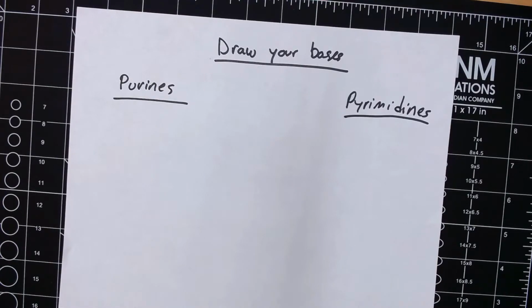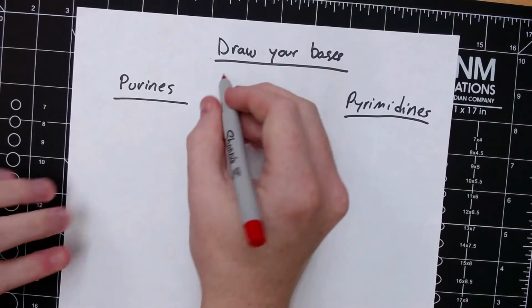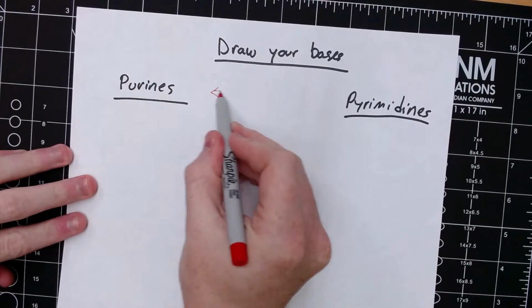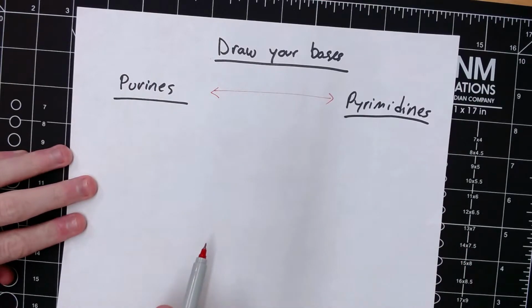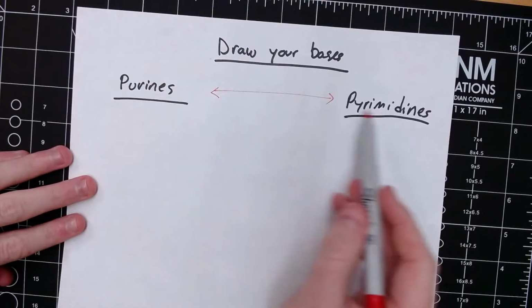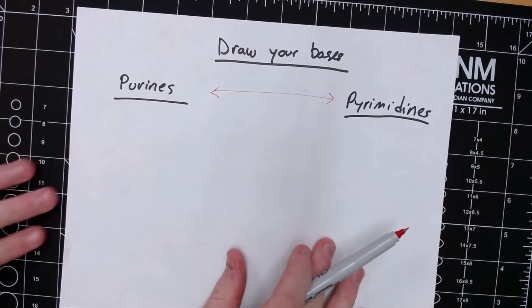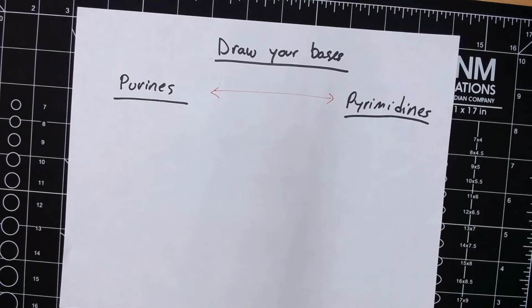And so what I like to do is first categorize the bases in my mind into purines and pyrimidines. And this is of course natural because purines are always going to form base pairing interactions with pyrimidines. And so it makes sense to think about purines and their complementary pyrimidine or vice versa.